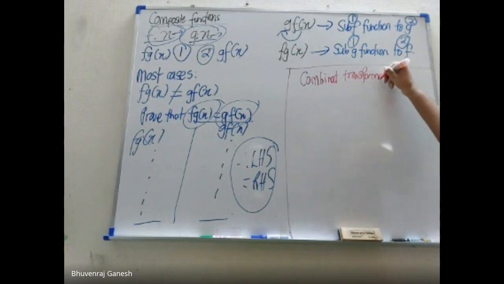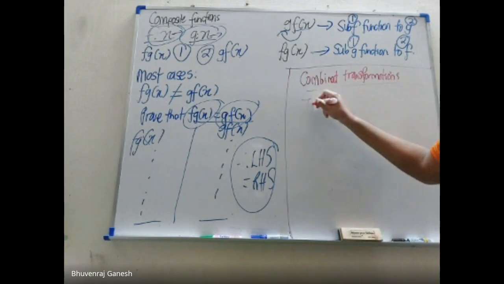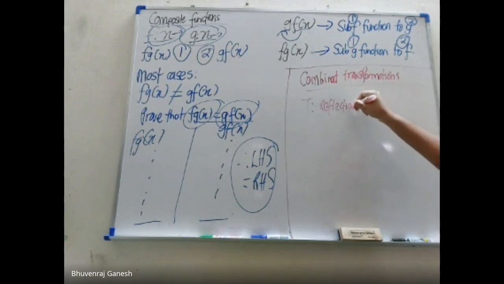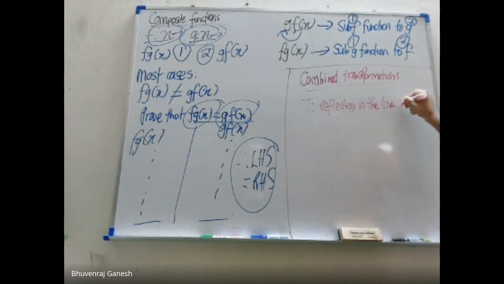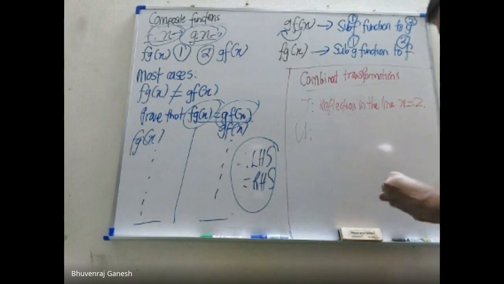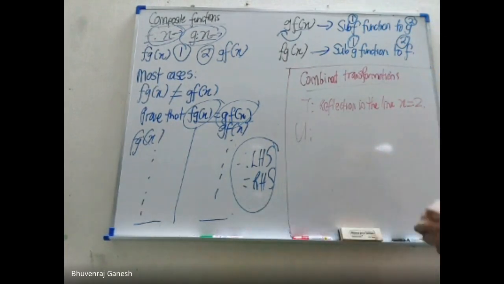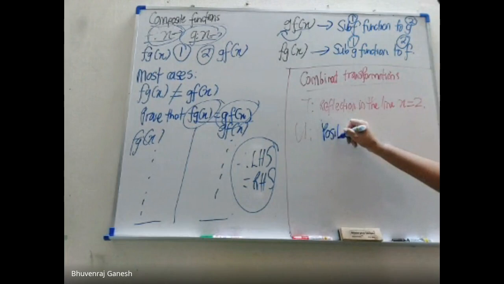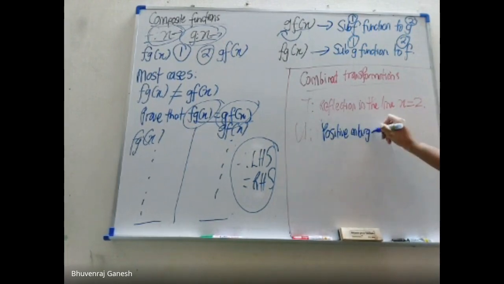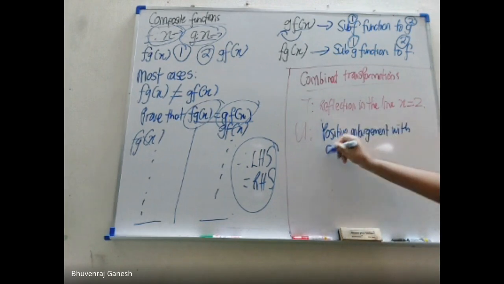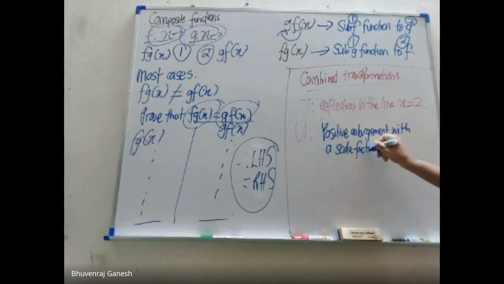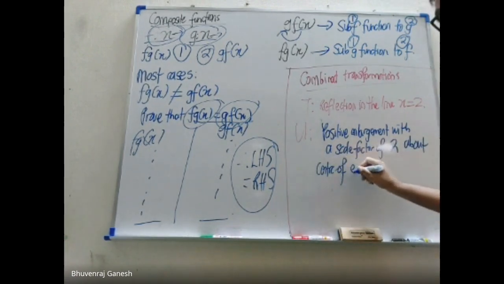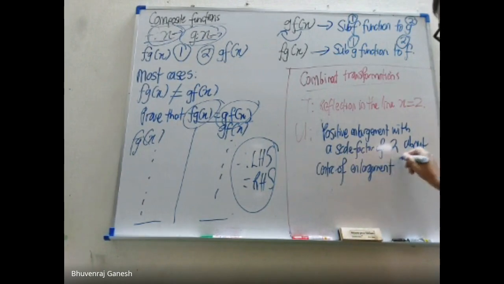Let's say I give you T is a reflection in the line x equals something, and U is a positive enlargement with a scale factor of 2 about the center of enlargement, just a random coordinate, negative 1, 0.